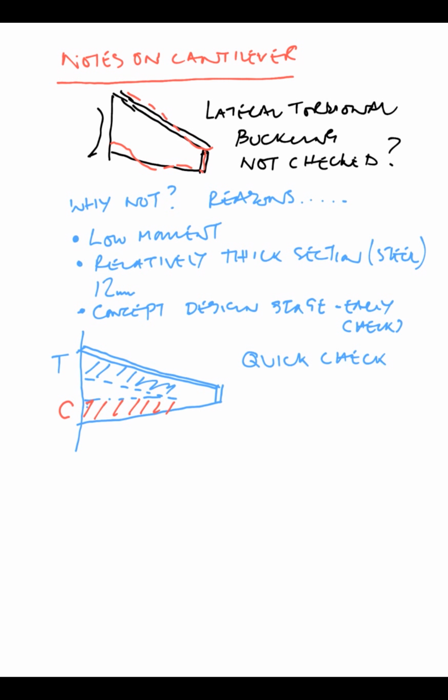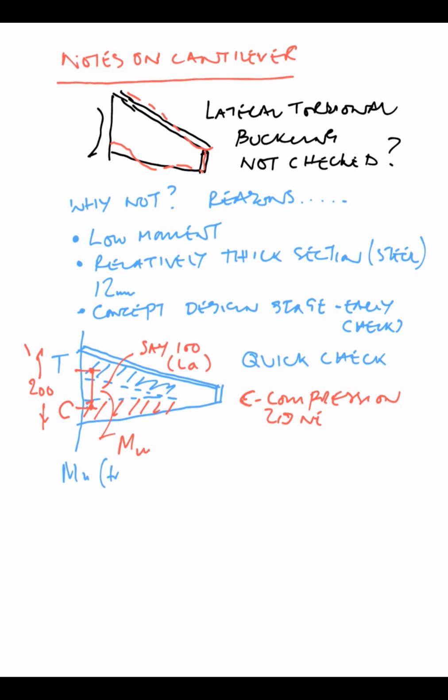So we separate the beam into tension and compression zones, and the depth overall is 200 millimetres, and we're just going to say the lever arm is 100 millimetres. That's roughly 50 millimetres from top and bottom.